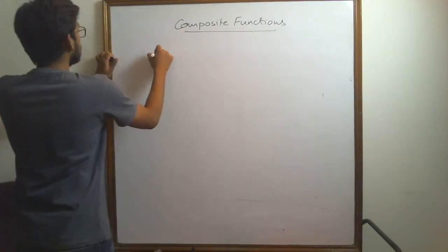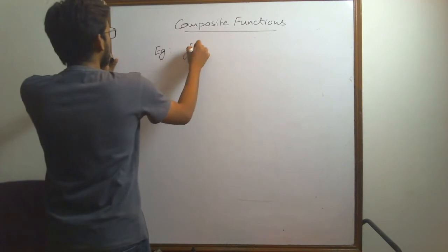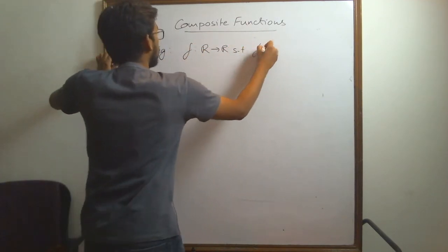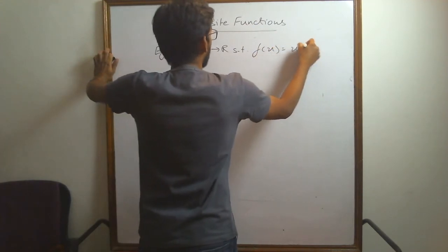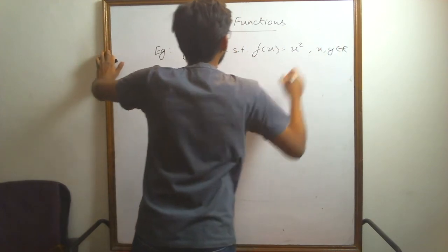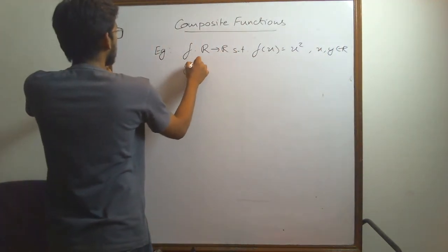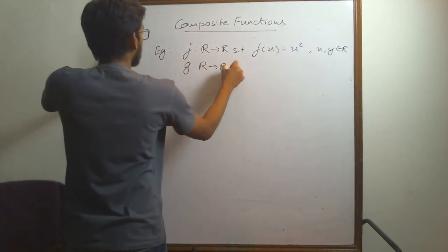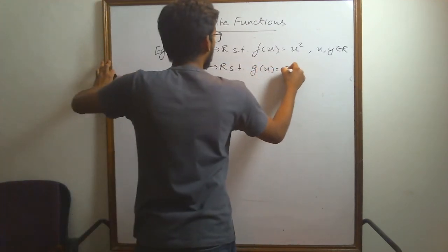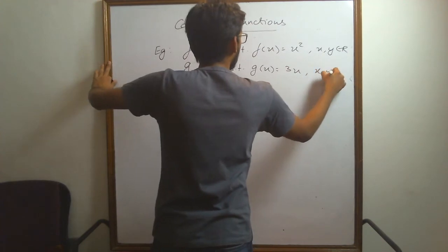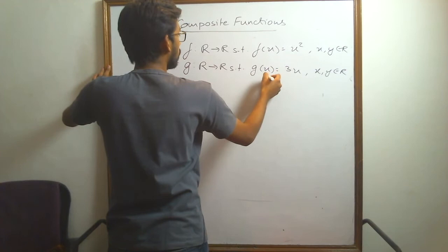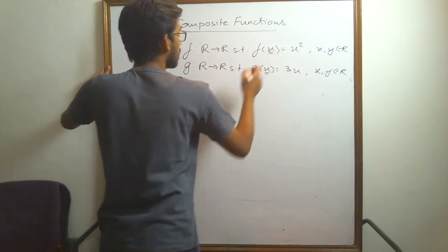For example, I'm defining a function f from R to R such that f of x is equal to x square, and a function g from R to R such that g of x is equal to 3x. Now see that I am using x at both places, but this x and this x are not the same.